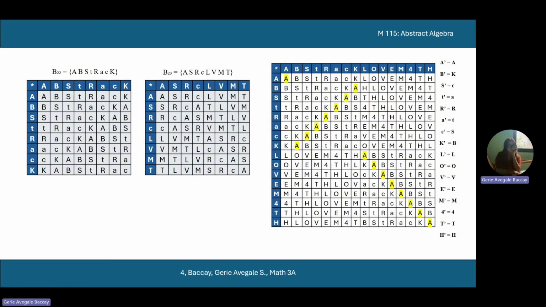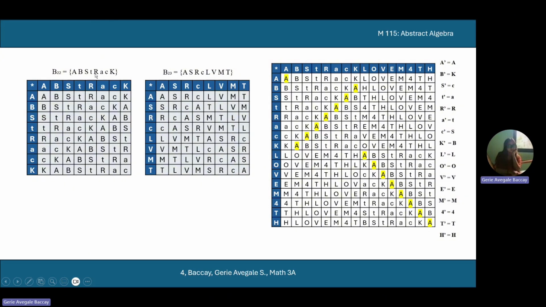For the inverse, we know that the inverse of A is A, the inverse of B is K, and K is in the set. The inverse of S is C, and C is in the set. The inverse of small t is small a, and small a is in the set.